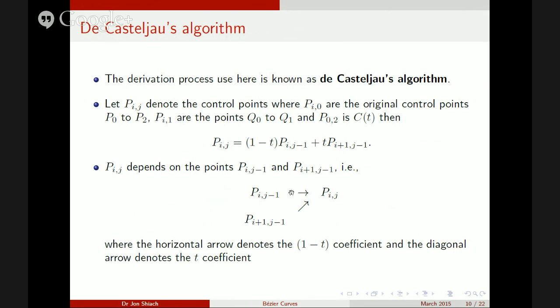The horizontal arrow denotes the 1 minus t coefficient. The diagonal arrow denotes the t coefficient. So it'll be 1 minus t times that point, plus t times that point. So if that's P0, that's P1, that'll be Q0.